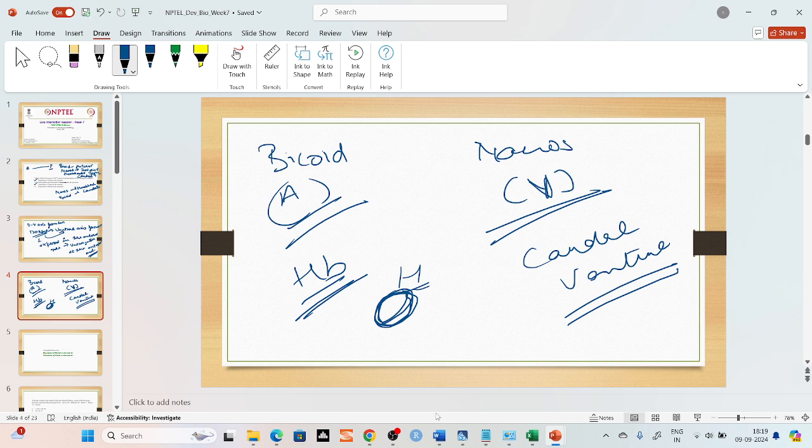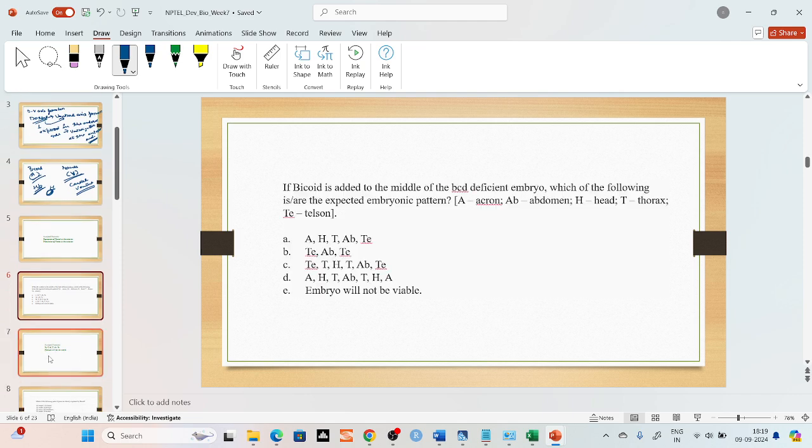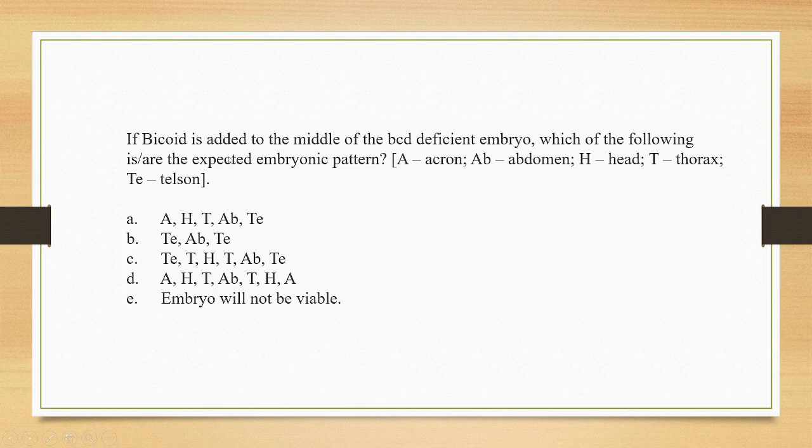Okay. Now, we come to the next question. If bicoid is added to the middle of the bicoid deficient embryo, which of the following is or are the expected embryonic pattern? A stands for acron, AB for abdomen, H for head, T for thorax, and TE for telson.